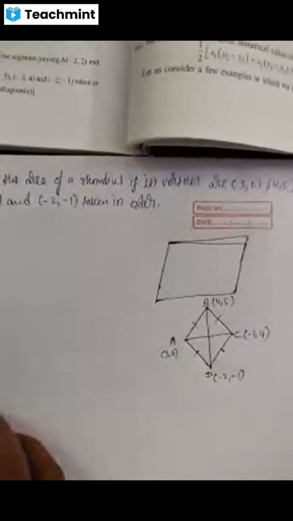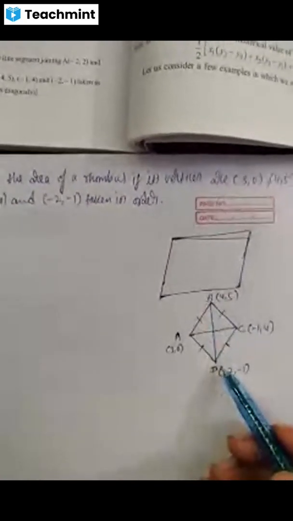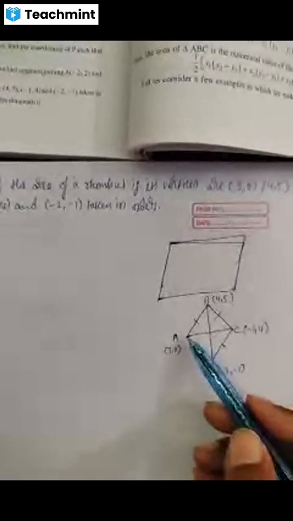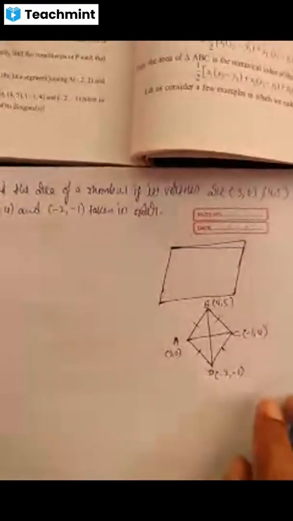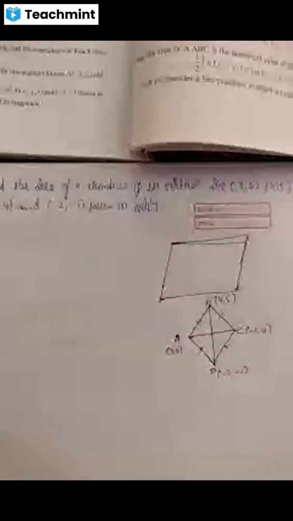Right. So to find the area of the rhombus we need to find the diagonals. By which formula? Distance formula. We just have to find AC and BD by the distance formula.